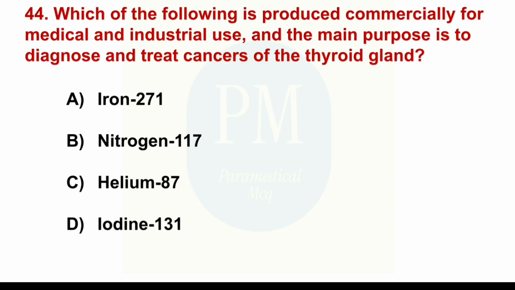Which of the following is produced commercially for medical and industrial use and the main purpose is to diagnose and treat cancer of the thyroid gland? Option A, iron 271. Option B, nitrogen 117. Option C, helium 87. Option D, iodine 131. The correct option is option D, iodine 131.